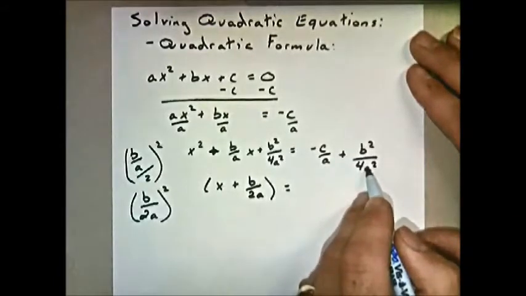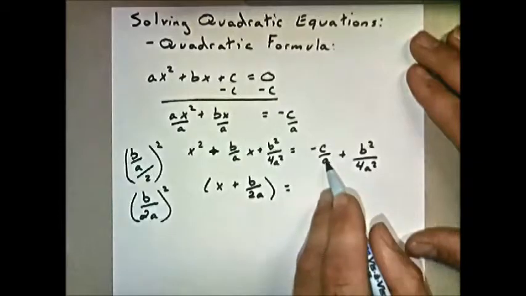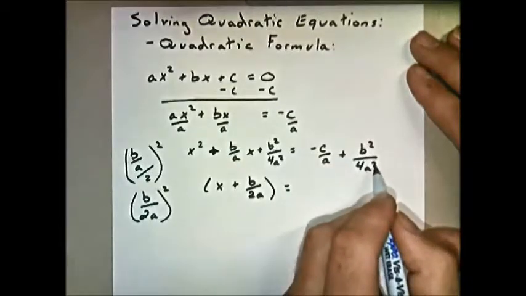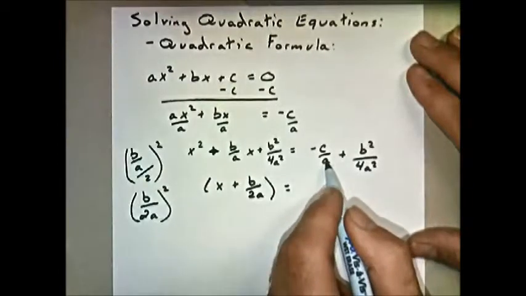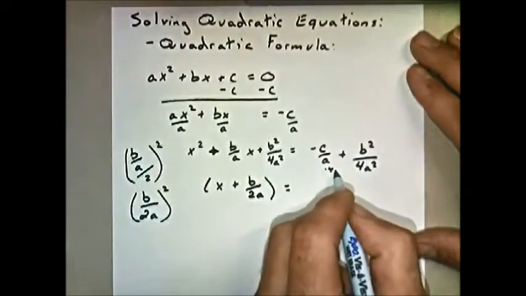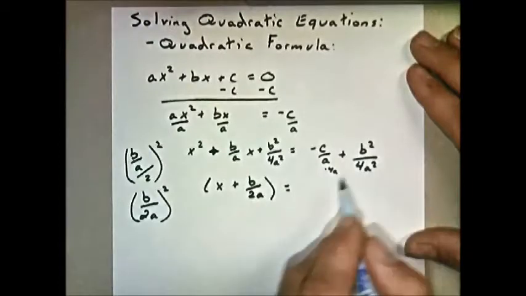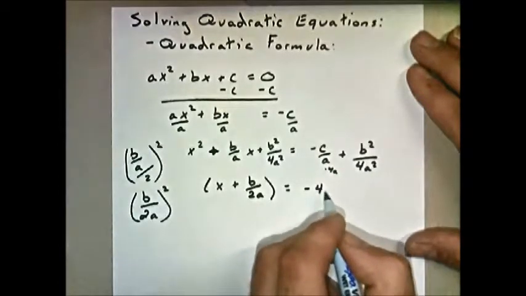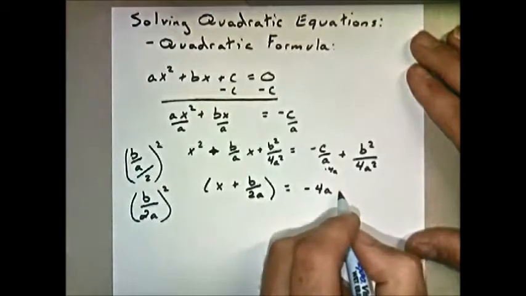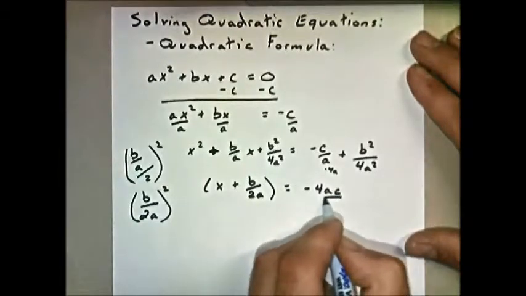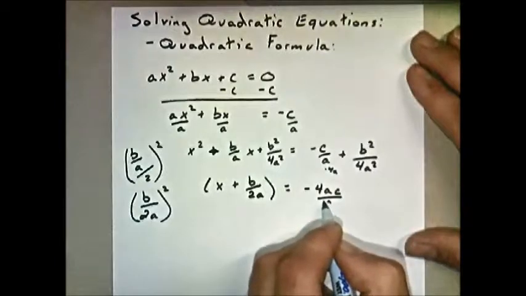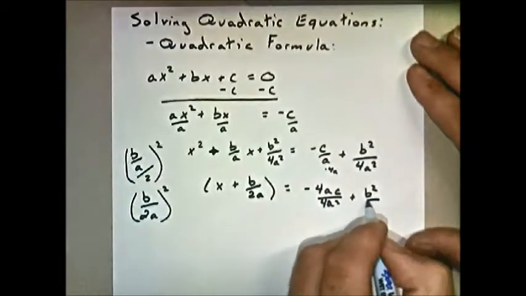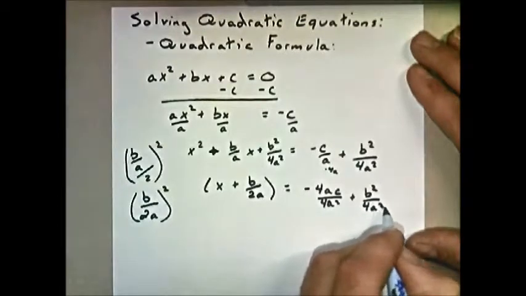If I look at my common denominator for a and 4a squared, it's going to be 4a squared, because I can multiply a times 4a to get 4a squared. So my top becomes negative 4ac over 4a squared plus b squared over 4a squared.